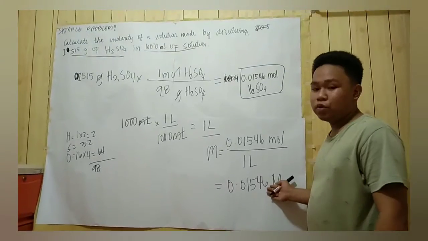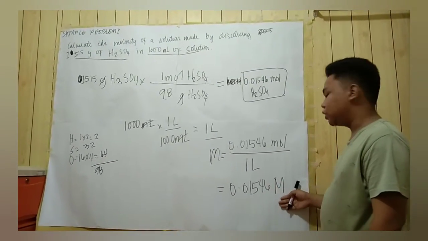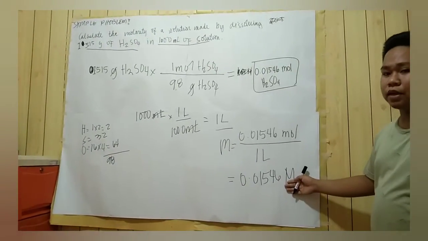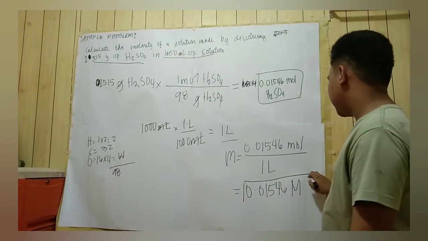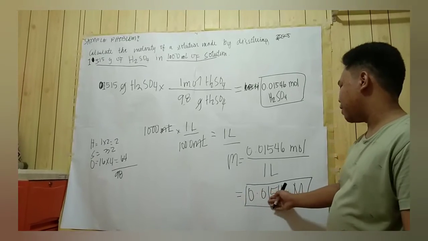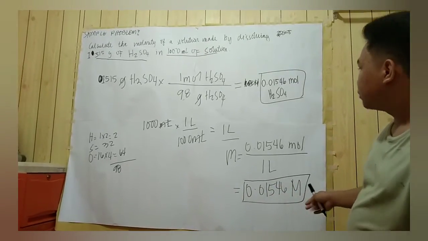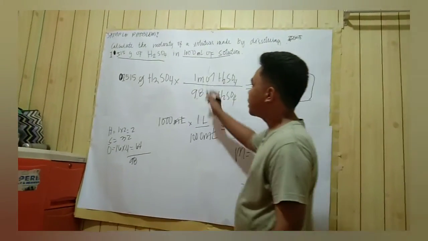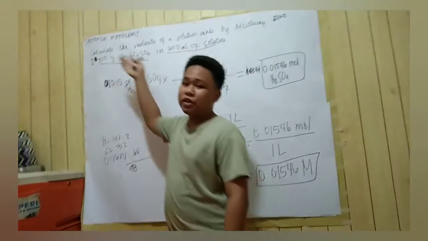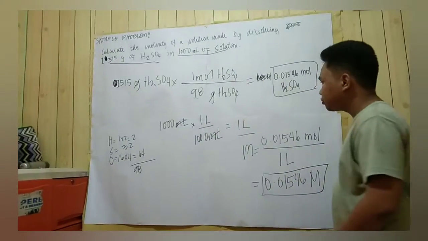The unit of molarity is denoted by the capital letter M and pronounced as molar. So the answer is 0.01546 M. The answer is in 4 significant figures because the given is also in 4 significant figures.